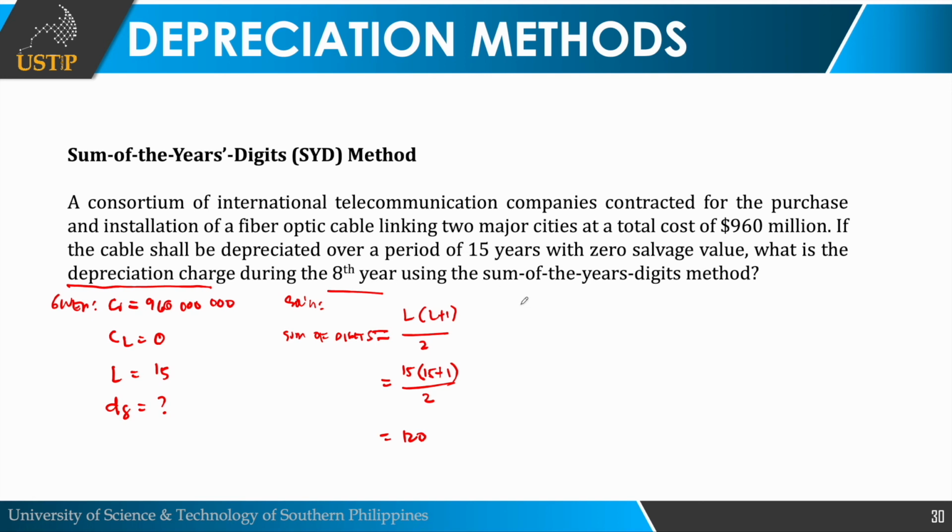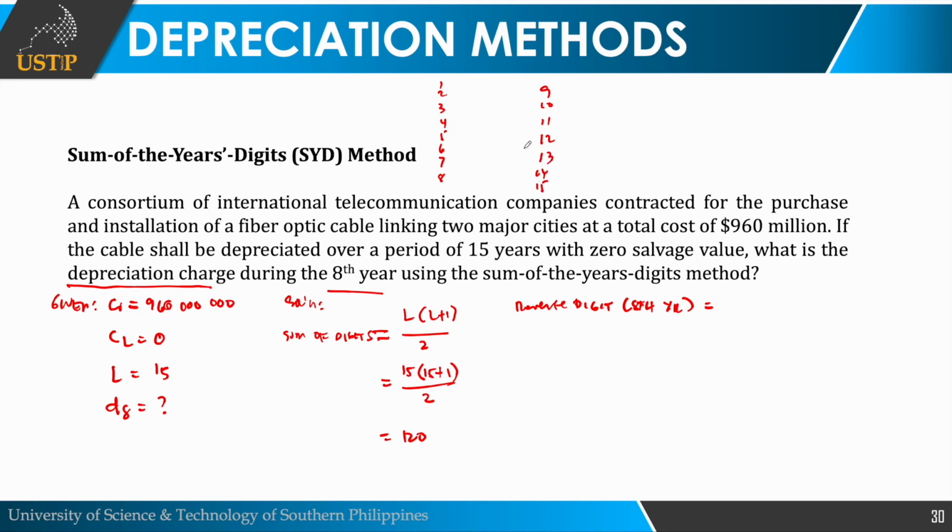Alright, so if you have 1 to 15, the reverse digit of the 8th year would be, actually, if you reverse it, 8 stays in the middle. You can list it manually, but you can also use a formula. If you know the formula, you are bright. You can list here, but not if it were 100 years.